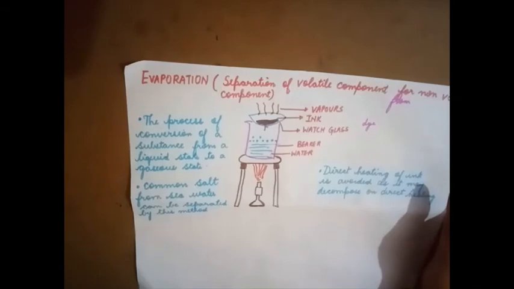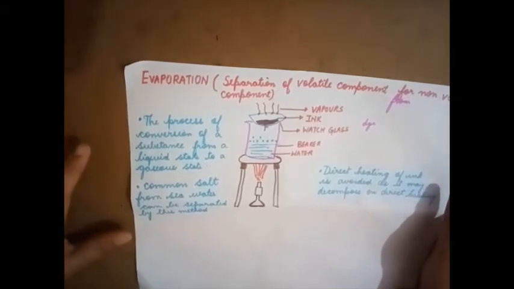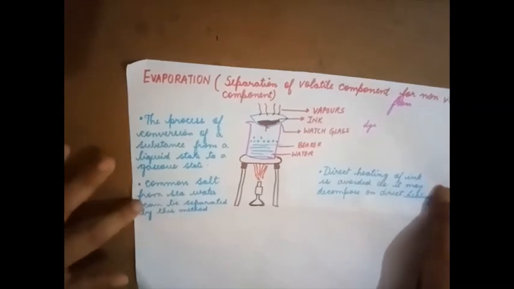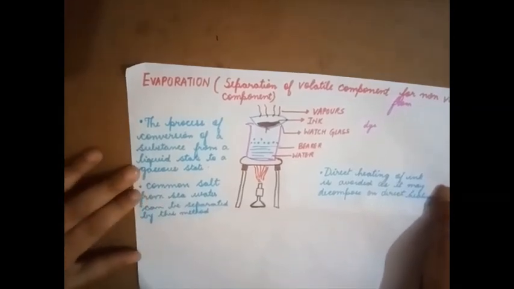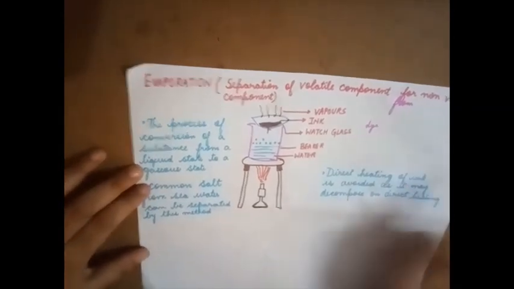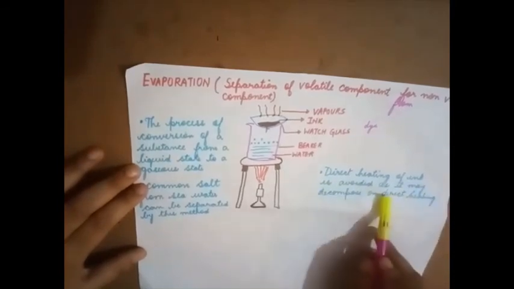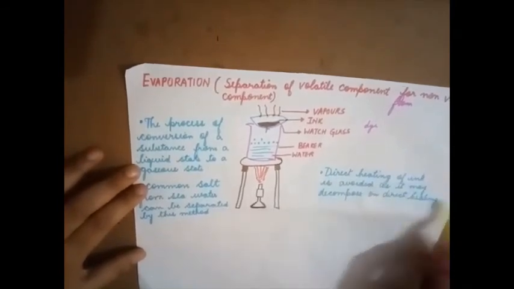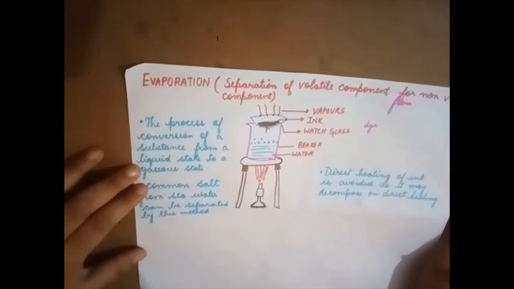We see that water gets evaporated, leaving the salt behind. This is another example for evaporation. Direct heating of ink is avoided as it may decompose on direct heating.